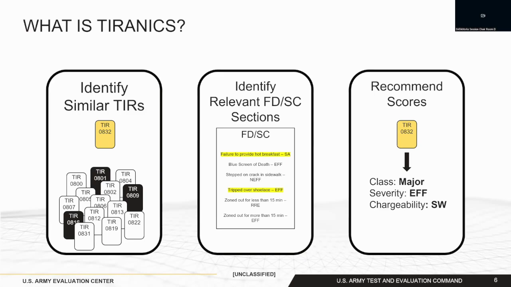Understanding that this really is just a recommendation. TIRs are very nuanced and detailed, and a single word can substantially change the impact and the meaning of the event in the TIR. So this should be taken with a very large grain of salt, but at least it is a suggestion for where the evaluator should look.